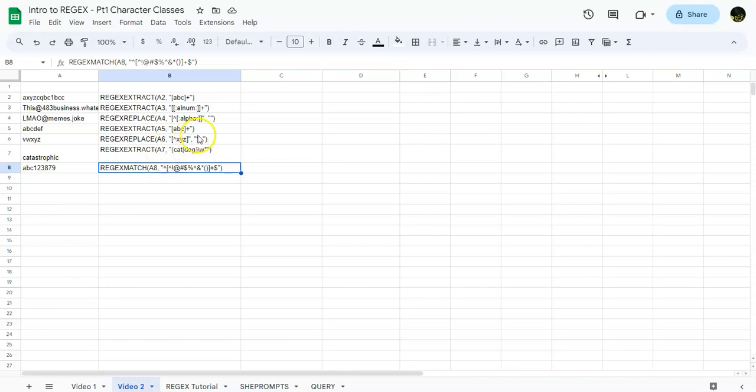All right, so first let's take a look at this one right here. Let me actually back up a little bit. When you have letters or numbers in the square brackets, it means matching any character in that set. Now this is an or.